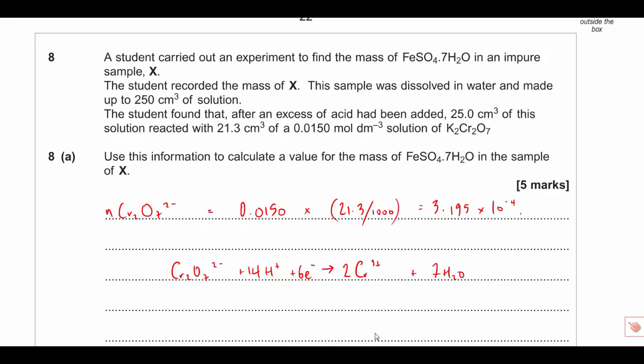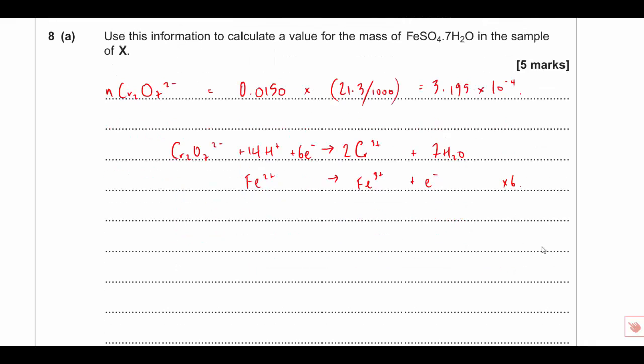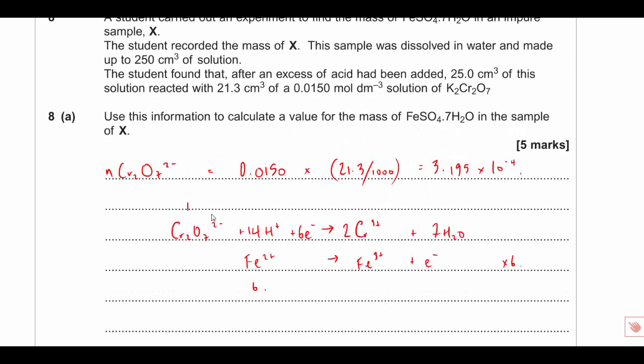The iron is going from 2+, because it's the FeSO4, to 3+. We're going to multiply that by 6. Ultimately, I'm going to skip a bit here, the ratio of this to this is 1 to 6.